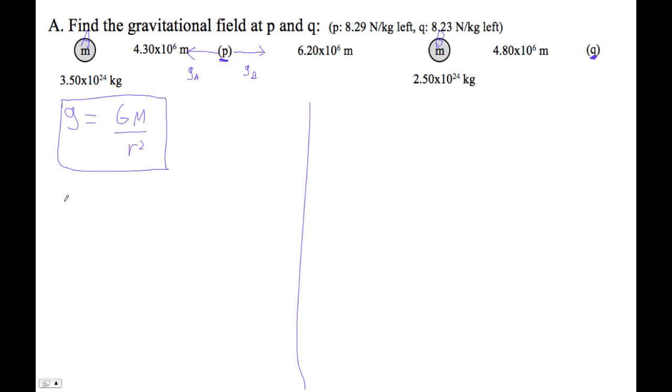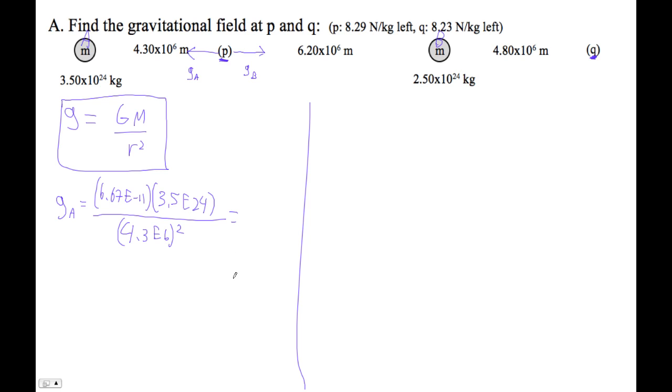Okay, so for this guy, the gravitational field of A at point P is 6.67 times 10 to the minus 11th, and that's our G constant. And then the mass A is 3.5 times 10 to the 24th, and then we divide by the distance squared, so 4.3 E6, squared, and this will be to the left.